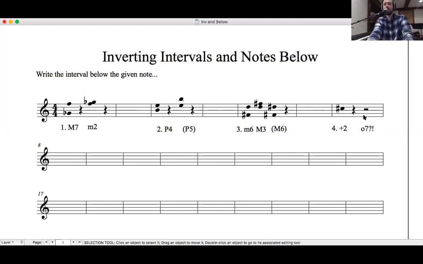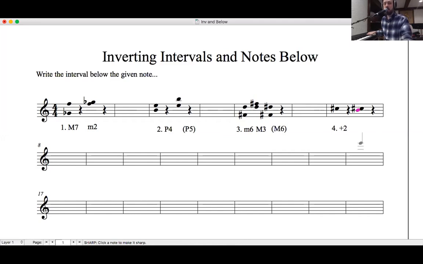So let's think. Let's do this a different way. So what we could do is say, okay, here we are. We're on C sharp, and we know we need to go downwards by some kind of second. So first and foremost, here's C sharp. What kind of note is a second below C? Any kind of C. Well, it's some kind of B, right?